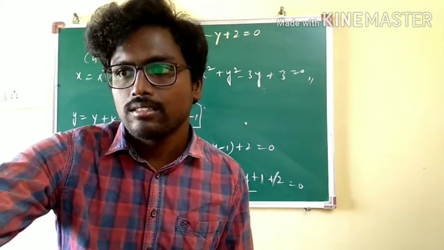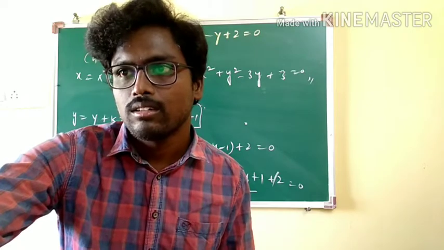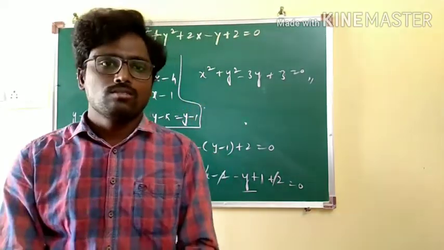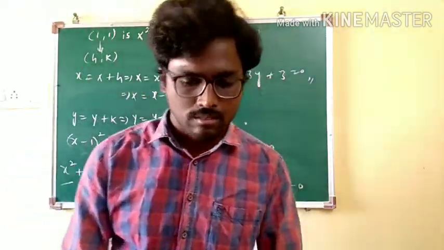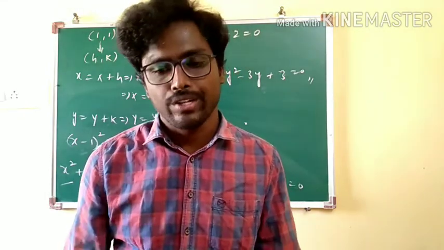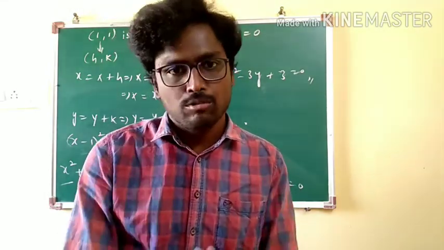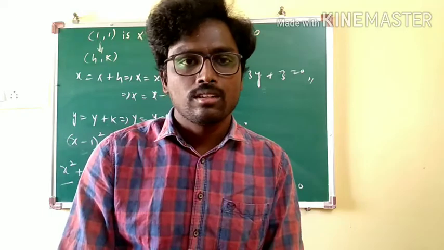In the next class we'll go with some other problems, like the next concept we will be discussing, the rotation of the axis and problems based on that. Okay, thank you.